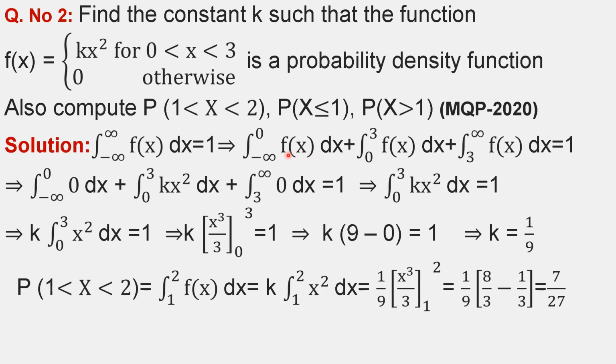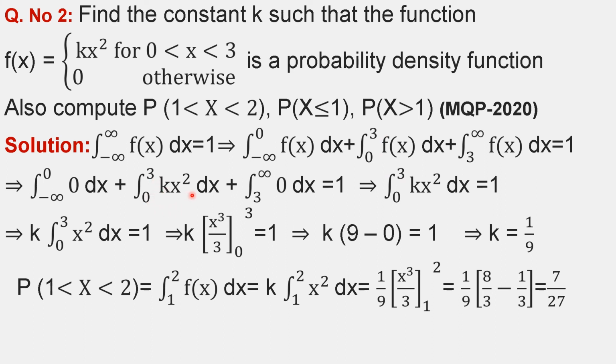In the other integrals, where x is from minus infinity to 0 and from 3 to infinity, f of x can be replaced as zeros. Only for 0 to 3, f of x can be replaced by kx square. So the first and third integrals will be zeros, and only the second integral remains on the left side.